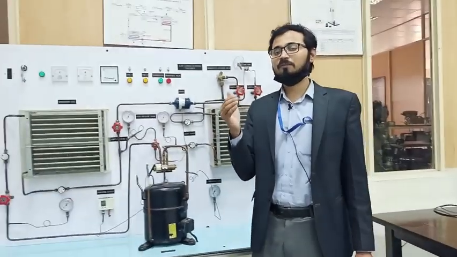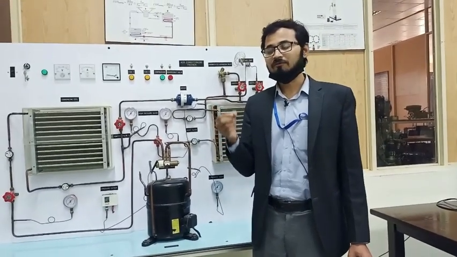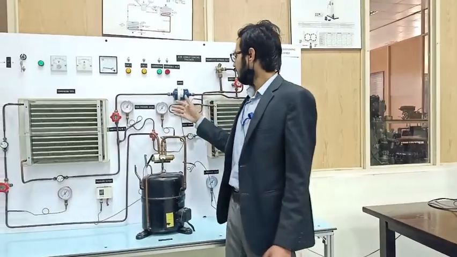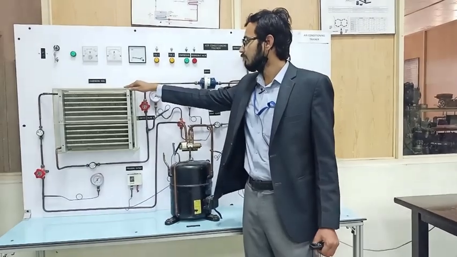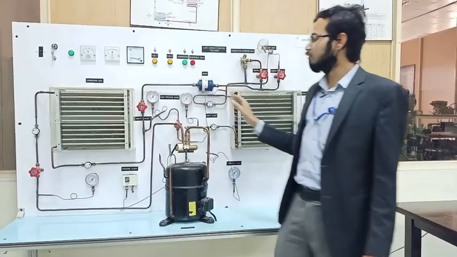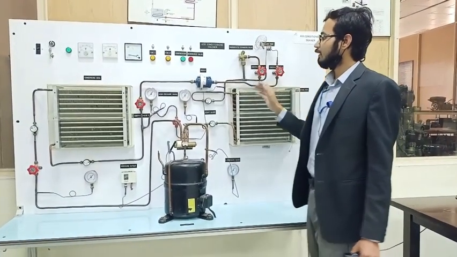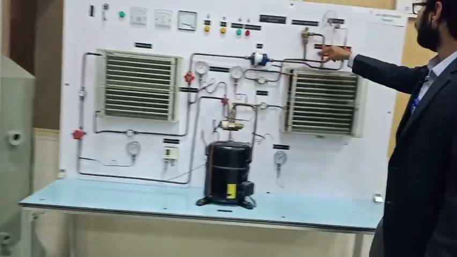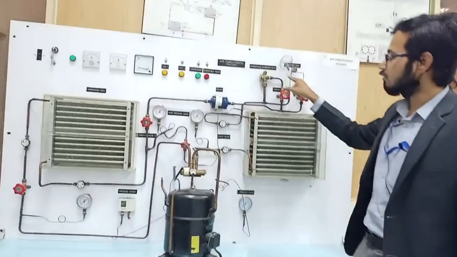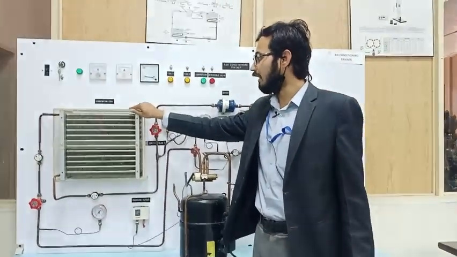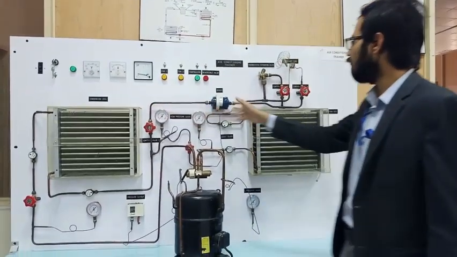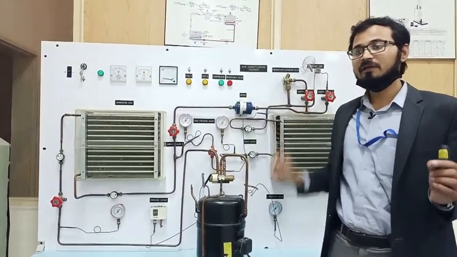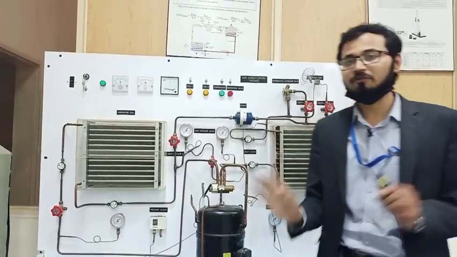Okay, so it will provide the filtration in one section, and also if the output section of the condenser consists of any vapor particles, because now we are going to liquefy it, so if it consists of any liquefied section before, it will remove it. So in other words, it is a dryer. The purpose of the dryer is to remove all the liquefied particles.